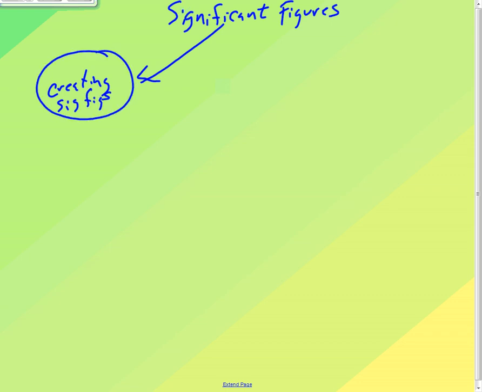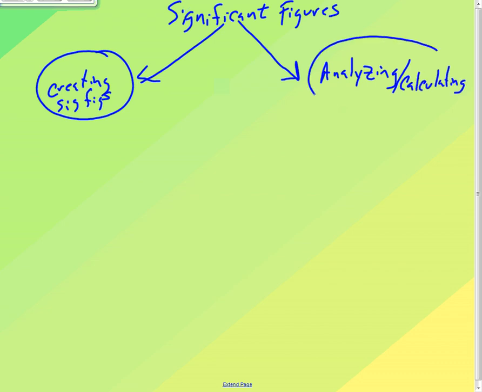And the other is when someone else has already made them, and that would be when you are analyzing or calculating with sig figs. Okay, good. So we're over here, we're in the lab. So this is usually done in the lab. You have a reading and you need to figure out what to write down.